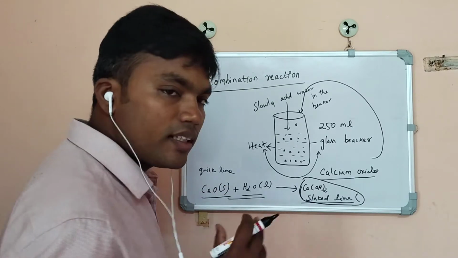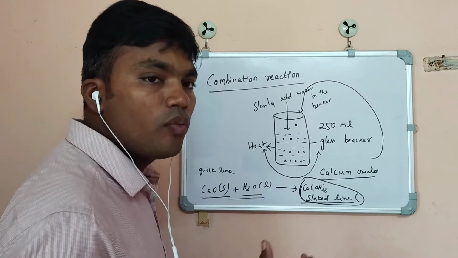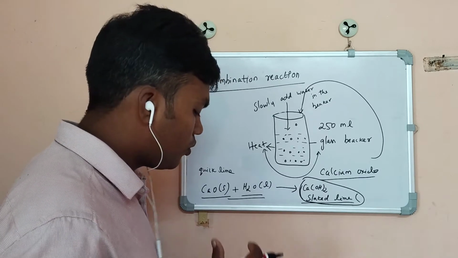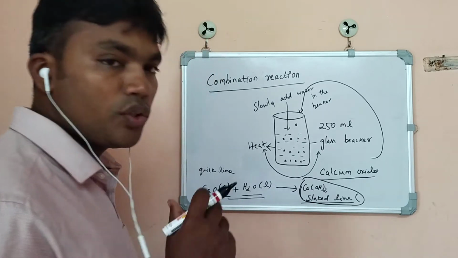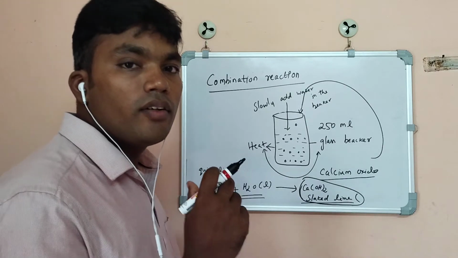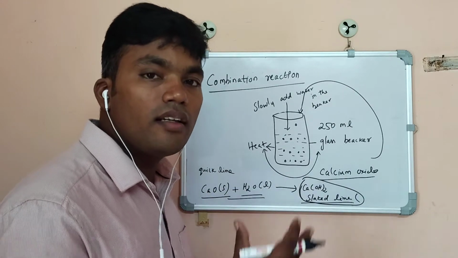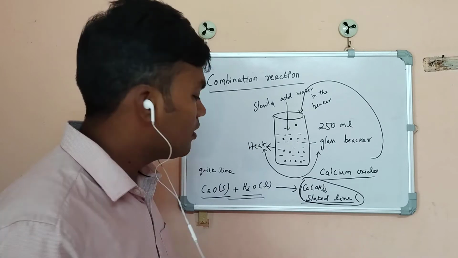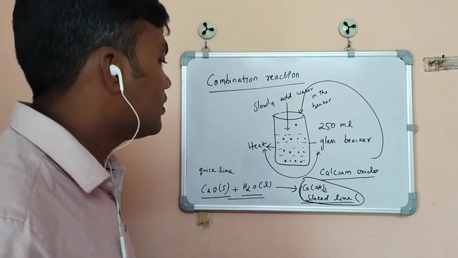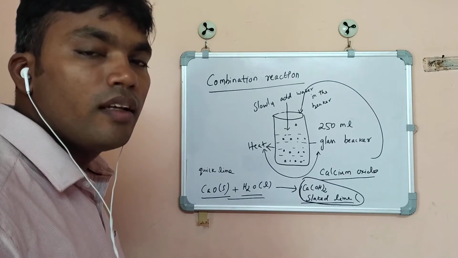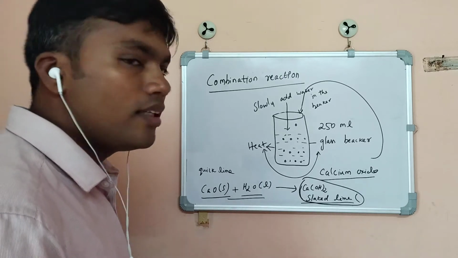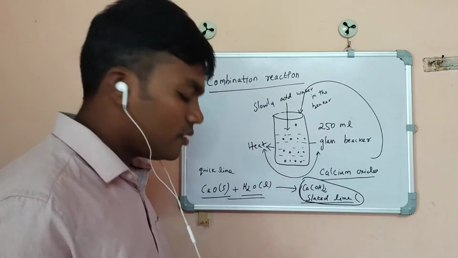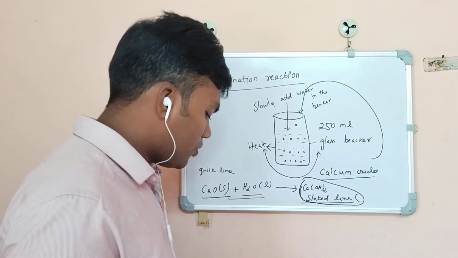A reaction in which a single product is formed from 2 or more reactants is known as a combination reaction. Kindly note down the points that I am telling in this video, students.